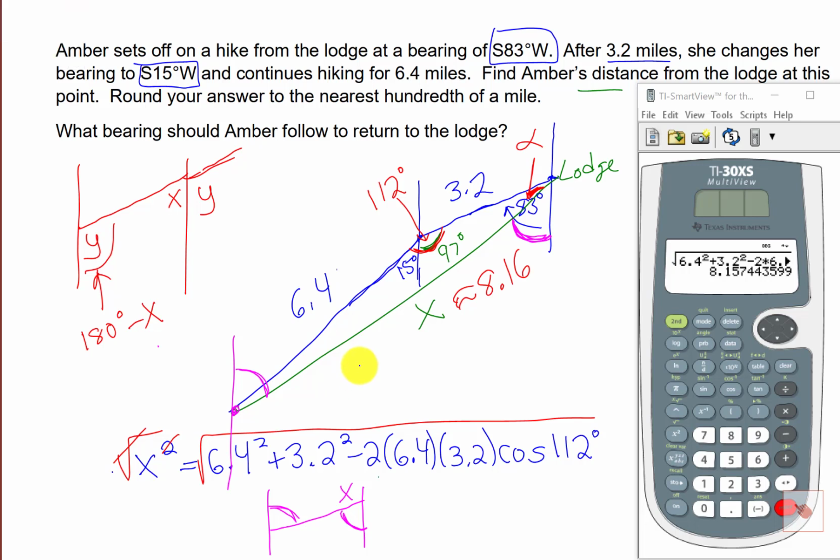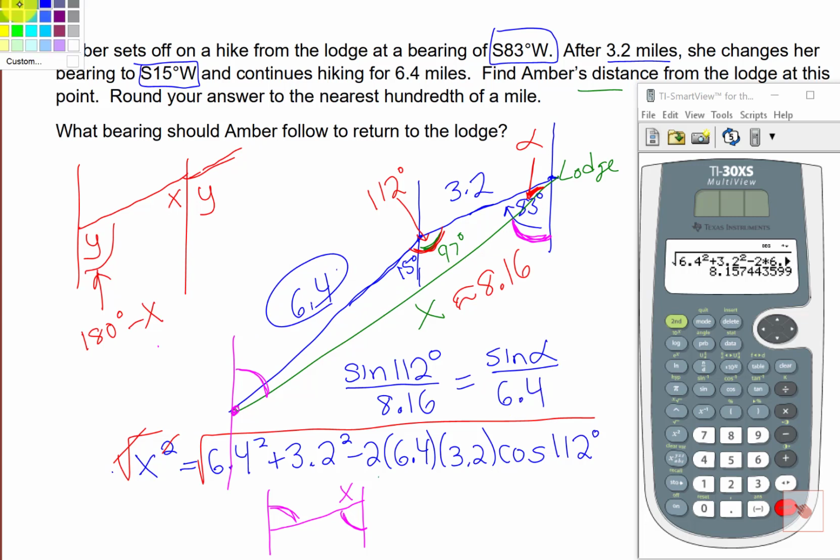So we have sine of 112 degrees over the side opposite, that was the 8.16, will equal sine of alpha over the side opposite alpha, that's going to be 6.4. Alpha is the one I want to find. Let's go ahead and multiply both sides by the 6.4 so that we've solved for sine alpha.